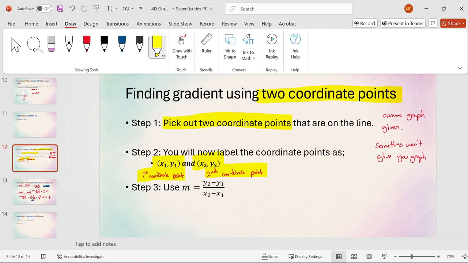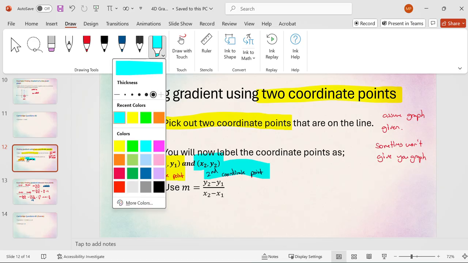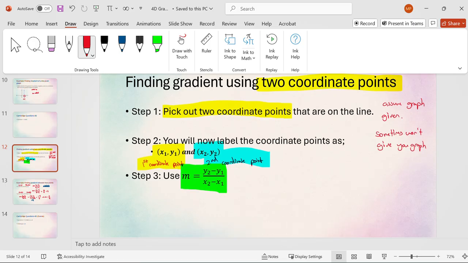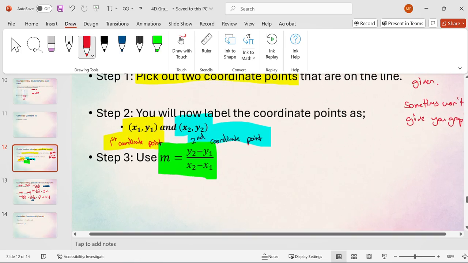Actually, I'll use a different color just to make it easier. I'll use blue, and then I'll use green for the last one. You are now going to use this formula here: m equals y2 minus y1 over x2 minus x1.